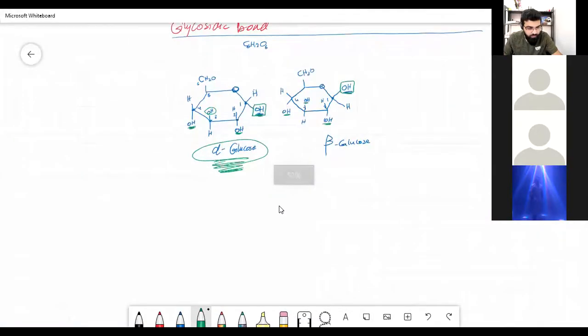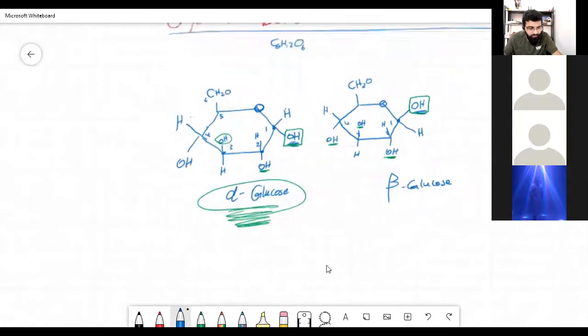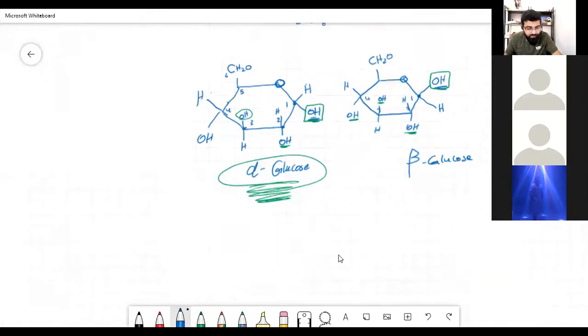Let's take one alpha glucose and link it to another alpha glucose. But I want to fix something here to make it easy for you. I want to draw it again. I didn't change anything. I will take two alpha glucoses and link them together.